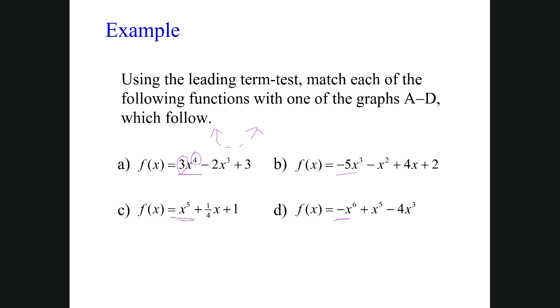And how does this one look? Well, this is an odd power, so we're going to go to two different directions, and this coefficient is negative, which is less than 0. So it's going this way, and then somehow going this way right here, in the 2nd and 4th quadrant. Okay, and how does this one look?